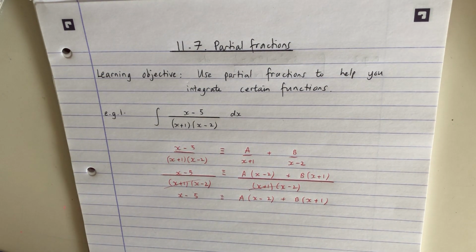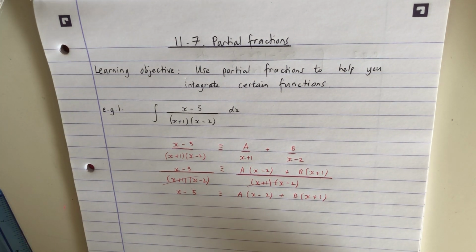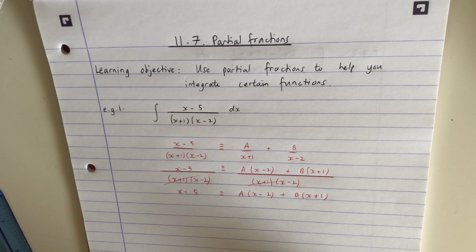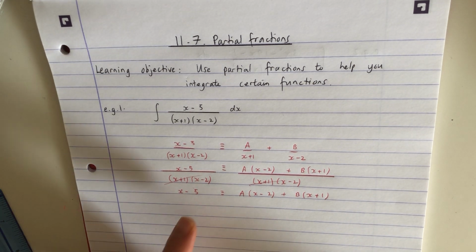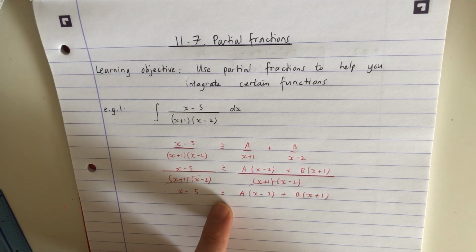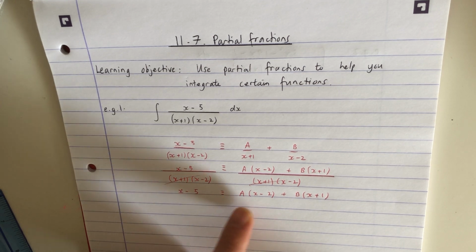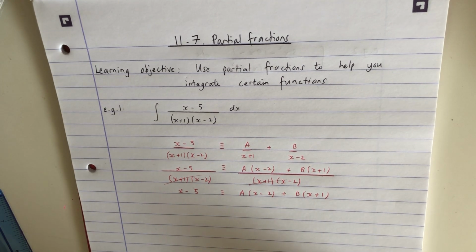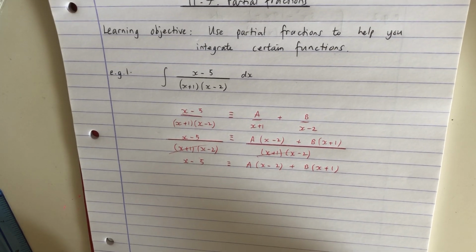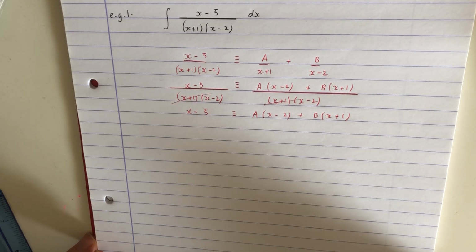And now there's a few options on how to work out these A and B values. There's something called comparing coefficients, or making use of the fact this is an identity. It would have to work for every single x value. So if you pick certain x values, you can generate some equations and then solve those equations.